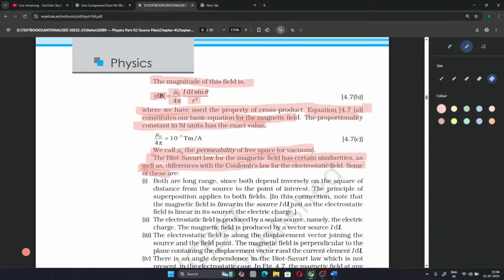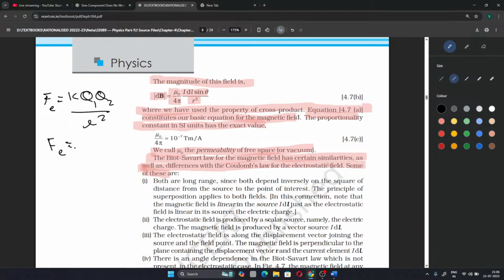Let's see the similarities between these two laws, where F electric equals k q1 q2 by r square, or F equals 1 by 4 pi epsilon naught, q1 q2 by r square. Electric field equals 1 by 4 pi epsilon naught, q by r square.